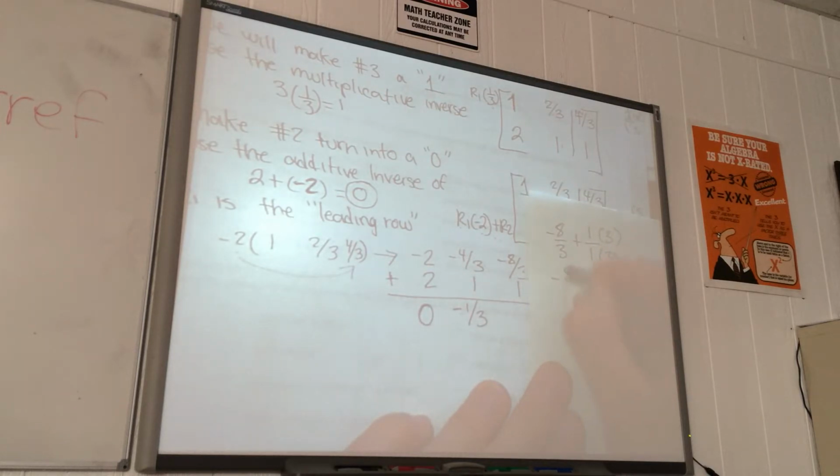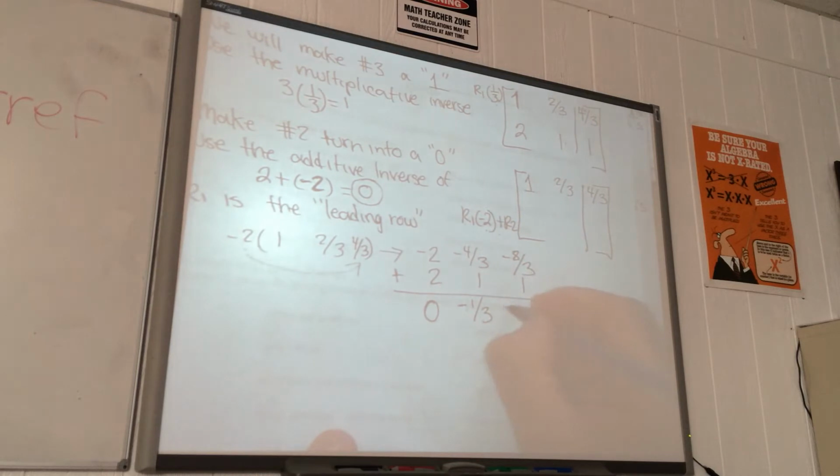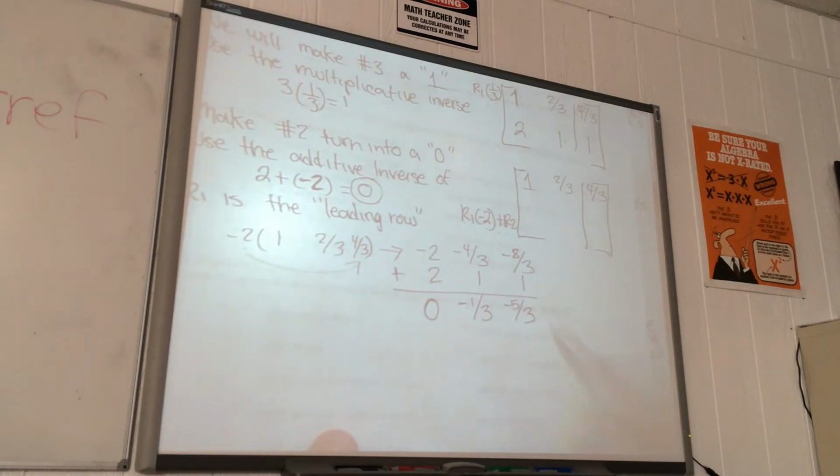Then we have negative 8/3 plus 3/3. So what is negative 8 plus 3? Negative 5. So we have negative 5/3. And that goes here. So now that one is going to be my new R2: 0, negative 1/3, and negative 5/3.